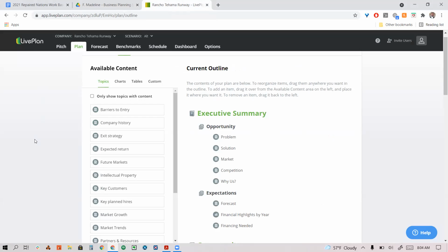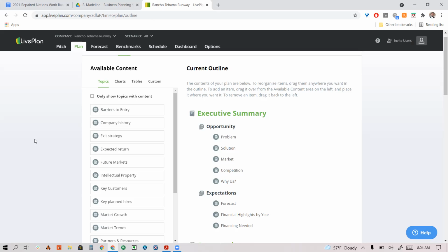So I'll just begin by running through the outline of a business plan that I created before with a project that I was trying to think through. We can go through what can be found in something like that, as well as what this application looks like and how it works.